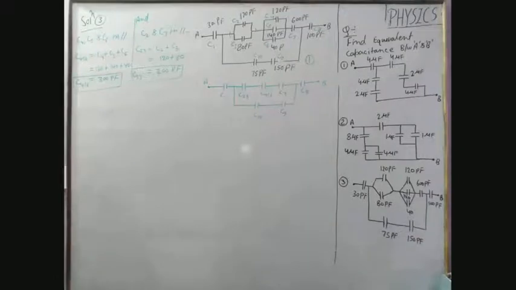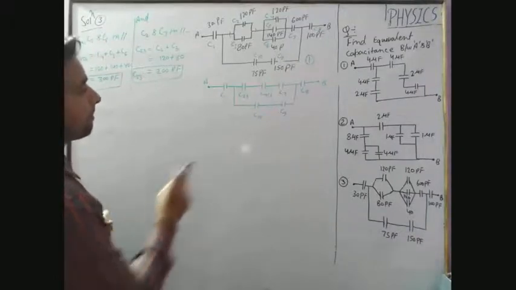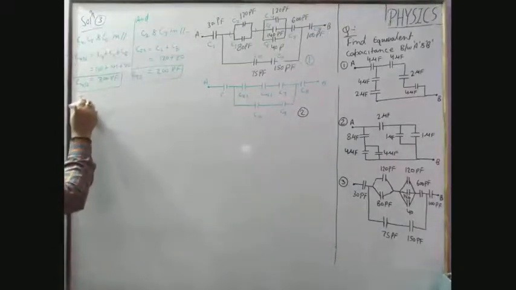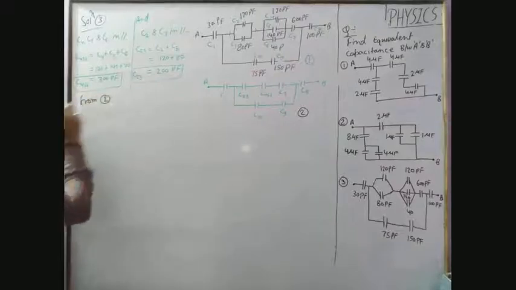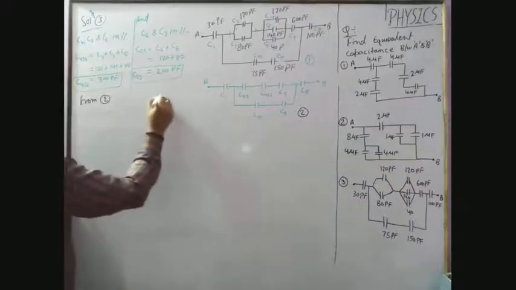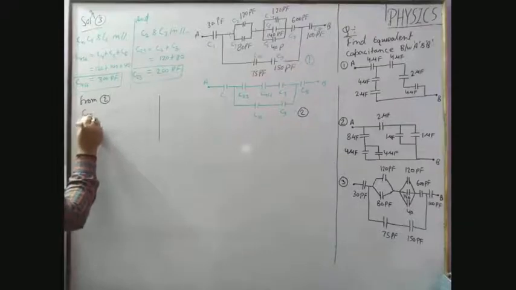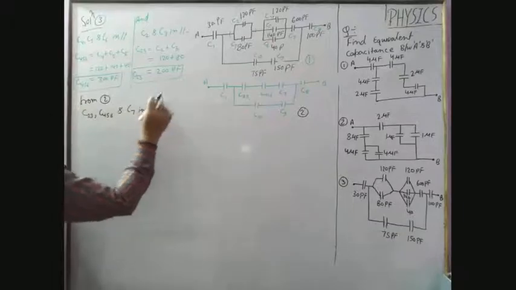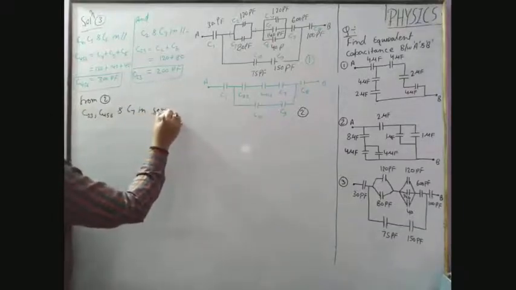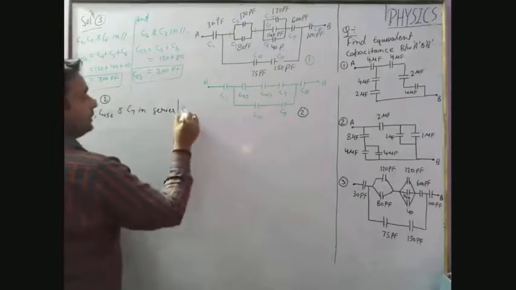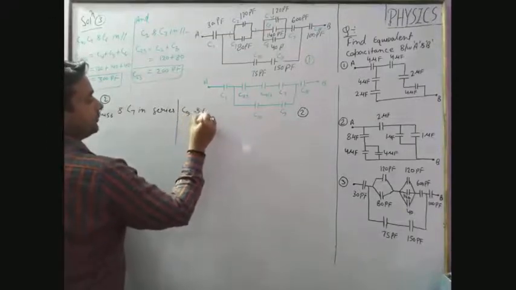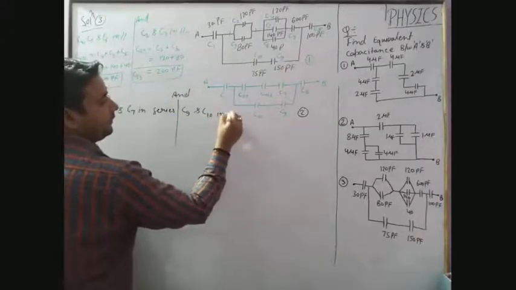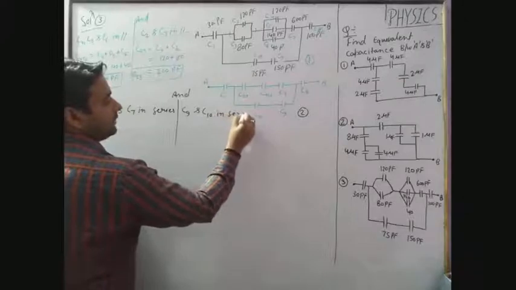Okay, now this is second situation. Then we go for figure second. Here C2,3, C4,5,6 and C7 in series, and C9 and C10 also in series.